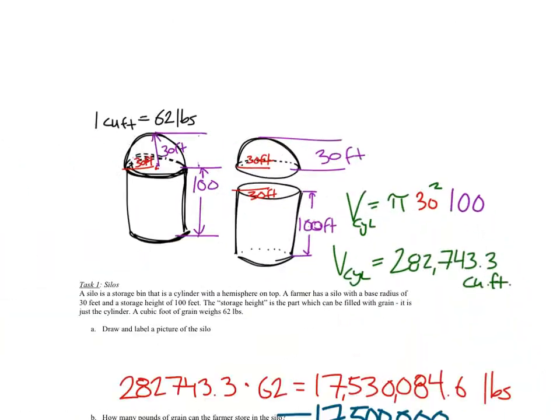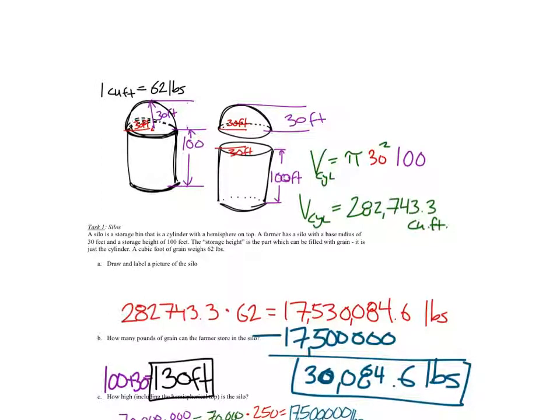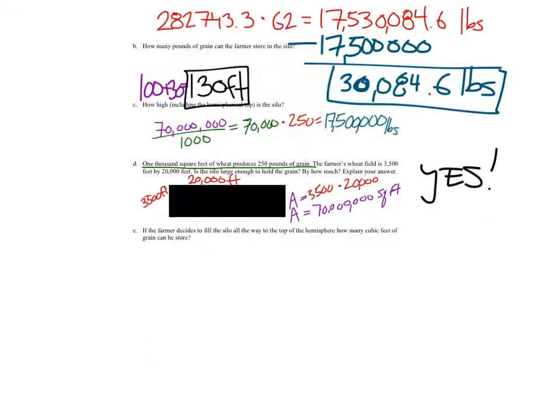So we know from here the volume of the cylinder. Sorry, let me see this actually. Okay, so we know the volume of the cylinder, so we just have to find how much the volume of the sphere divided by 2 is. We know the radius, which is 30.